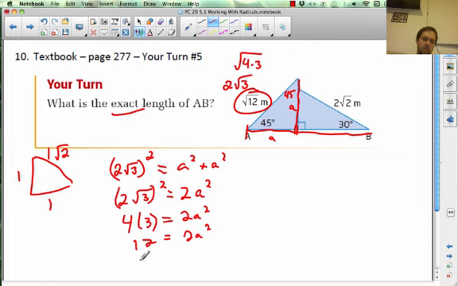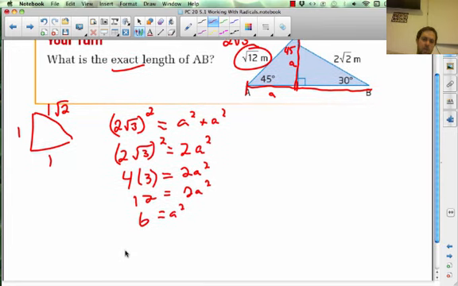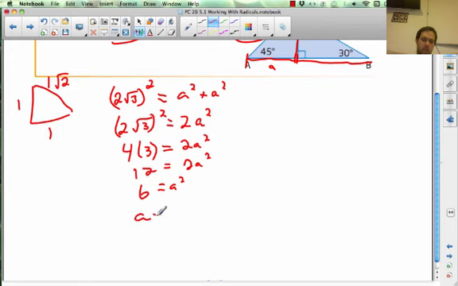Divide both sides by 2. 6 equals a squared. A equals root 6.